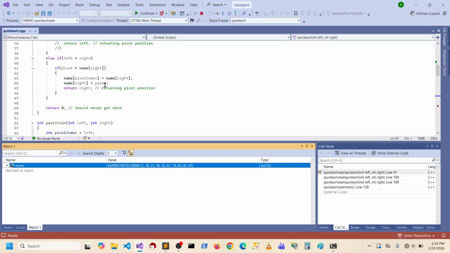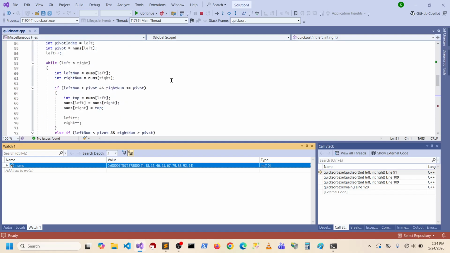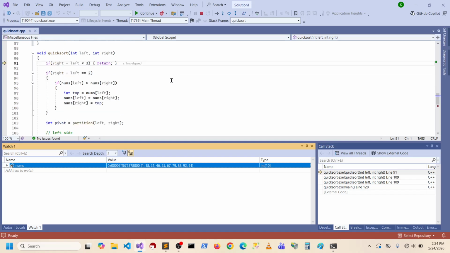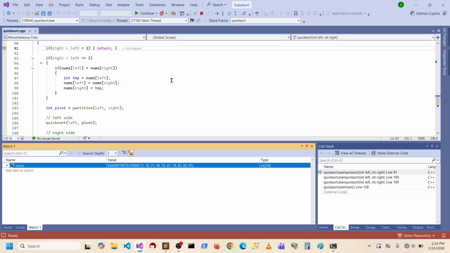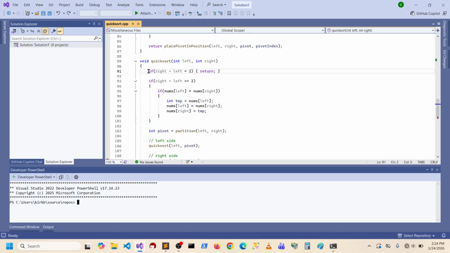So there's no code after that. So either way, that's not getting hit. It'll never go into partition because it's not getting past these guards.